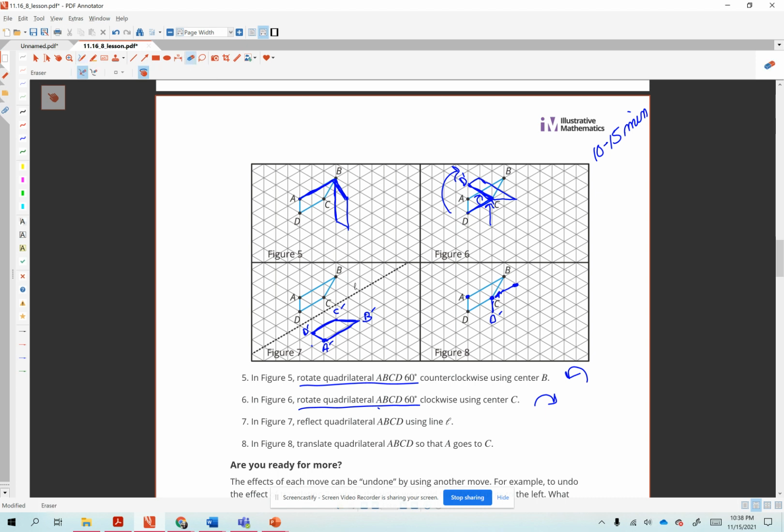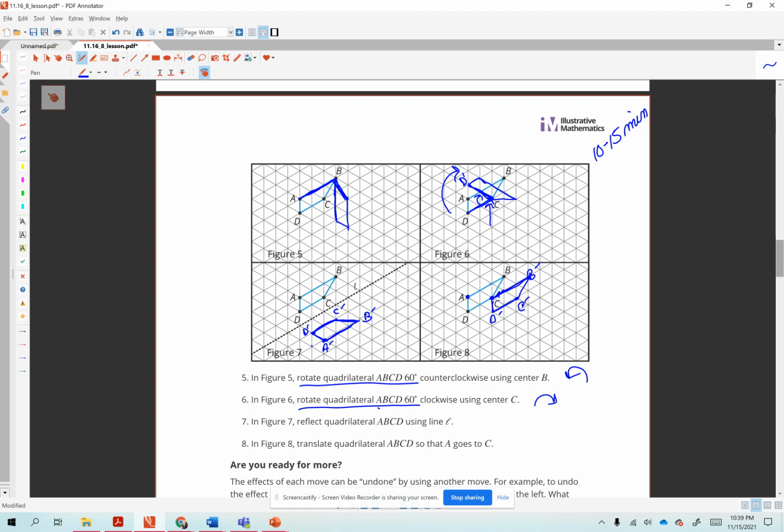Oops, I need to make that longer. Let's see, 1, 2, 3, 1, 2, 3. There we have it. Here's my B prime and C prime.